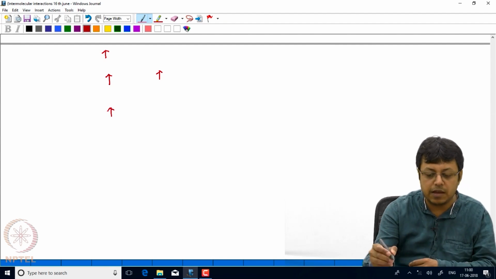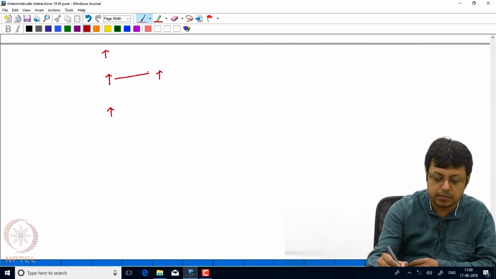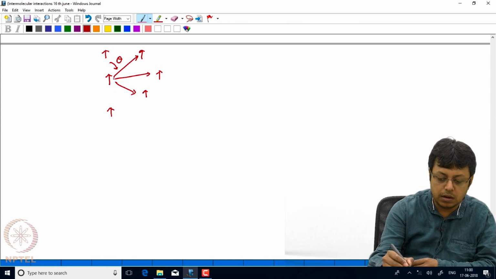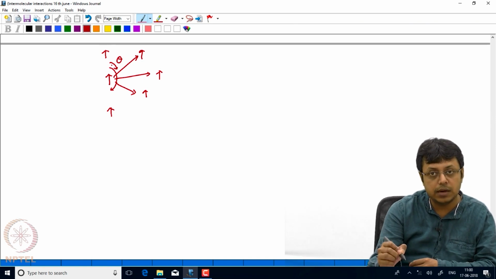So this is basically the effect of theta, as you can see. Theta can go from 0 to 180 degrees. This is the variation of theta, and we see we have two minima of theta. One is at 0, and the other one is at 180 degrees.